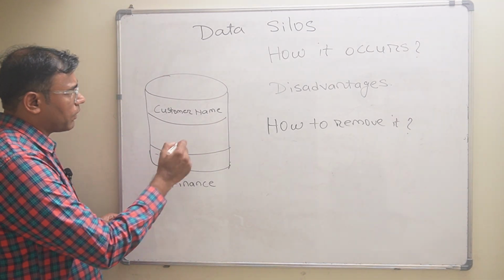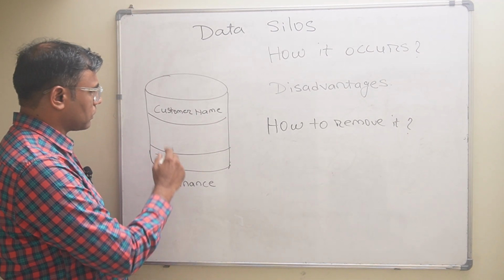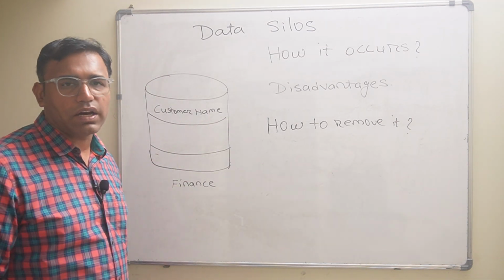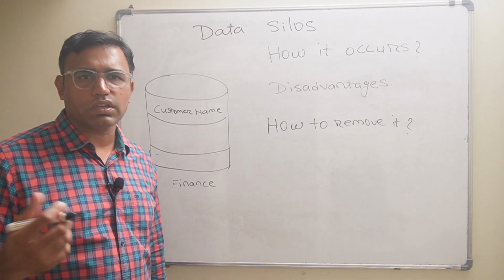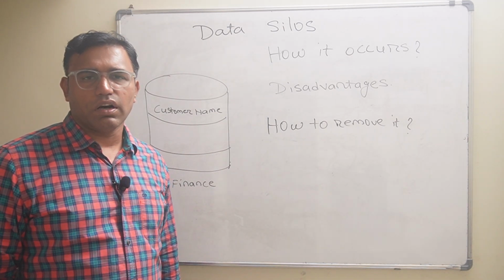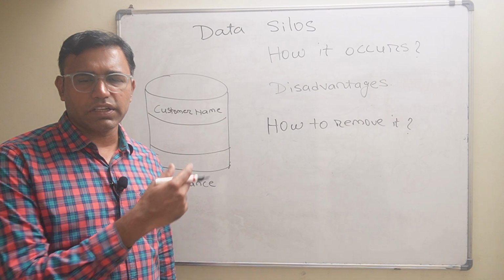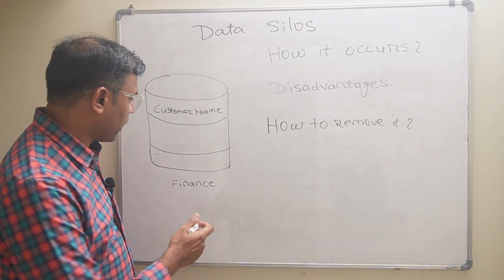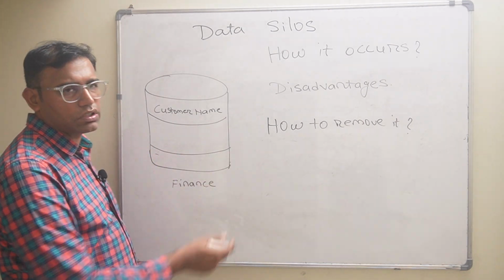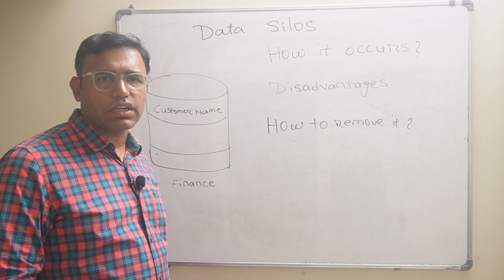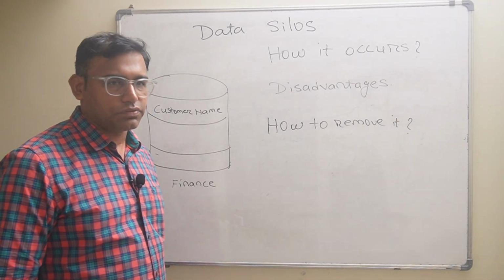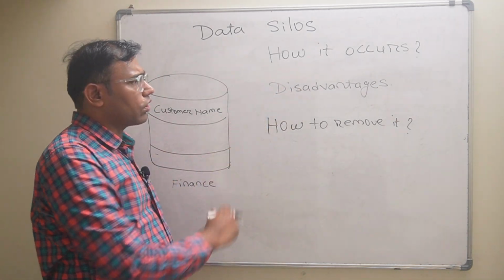Suppose the finance department in the organization is keeping the customer name, and the marketing department is also keeping the customer name and other information. Repetition may occur, and if the finance department is not sharing data with the marketing department, then data silos definitely occur. So this is how they occur.